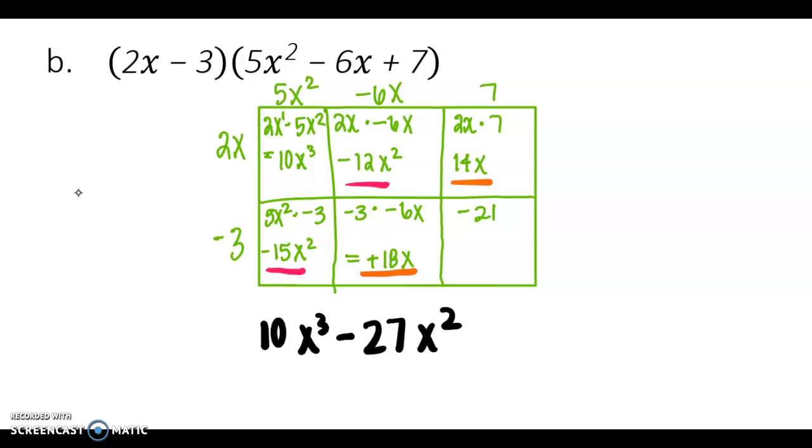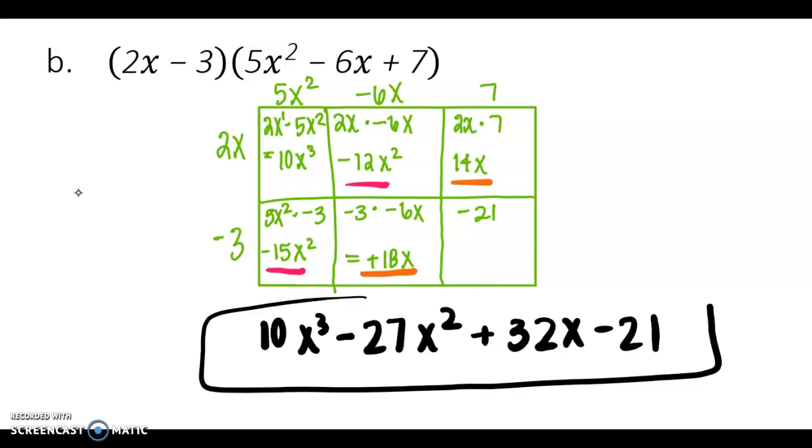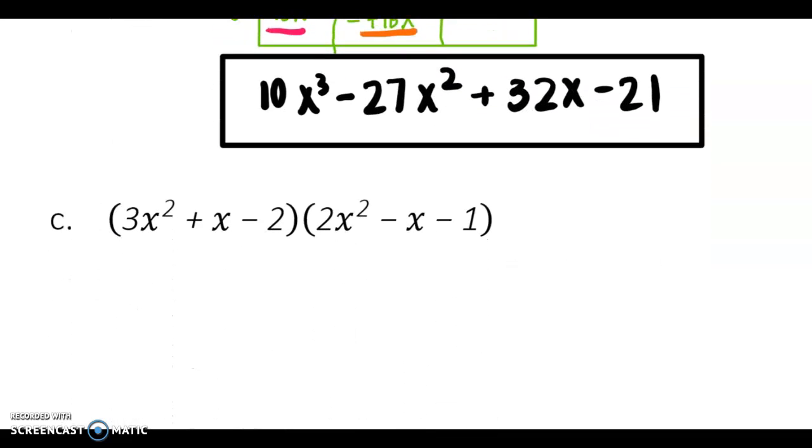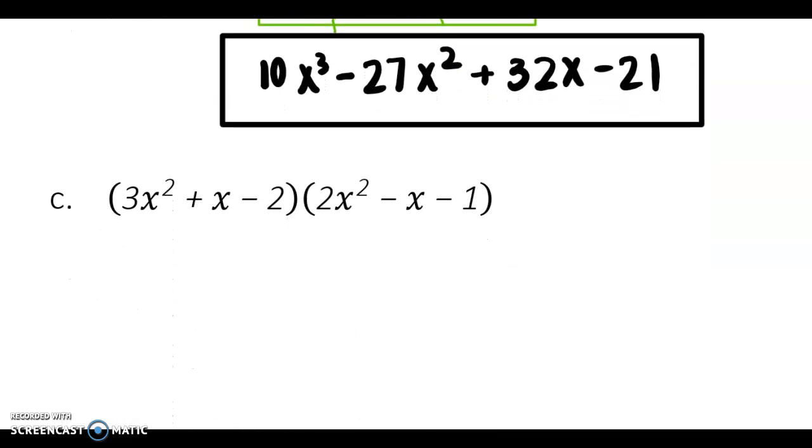And then you're going to go ahead and combine the 18 and the 14. So that's going to give you plus 32x and then minus 21. So that would be our final answer.